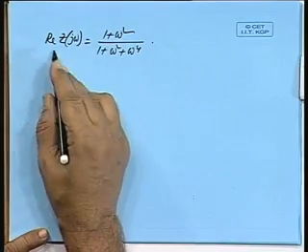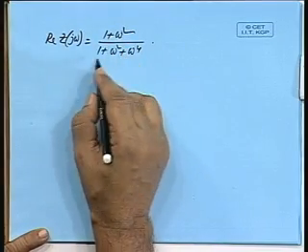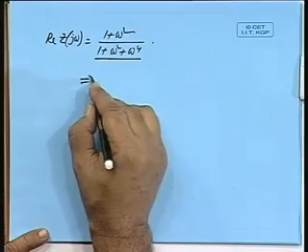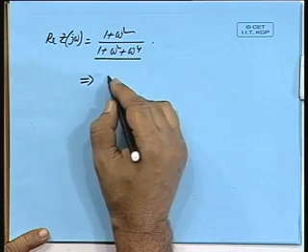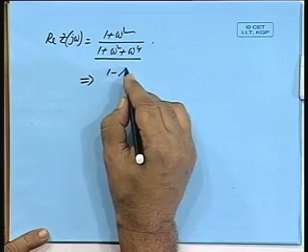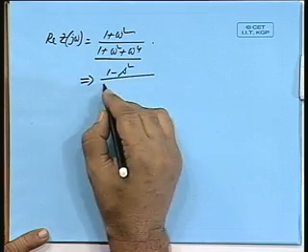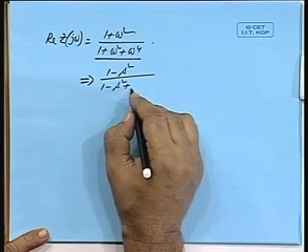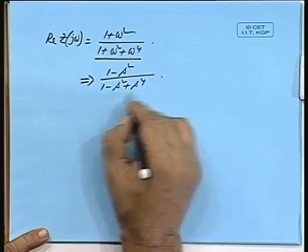So, what do you do here? Make a substitution, s squared equal to minus ω squared. That will give me (1 minus s squared) by (1 minus s squared plus s to the power 4). So, what are the roots of this?